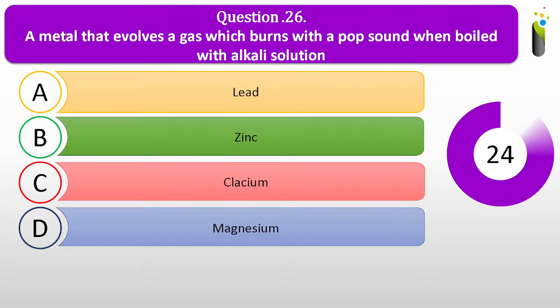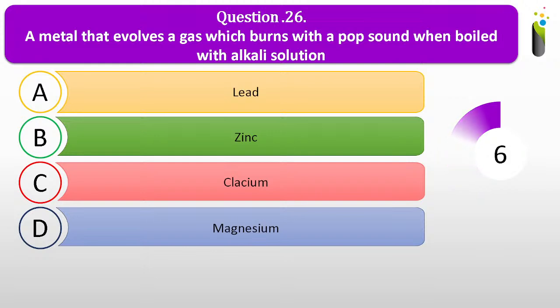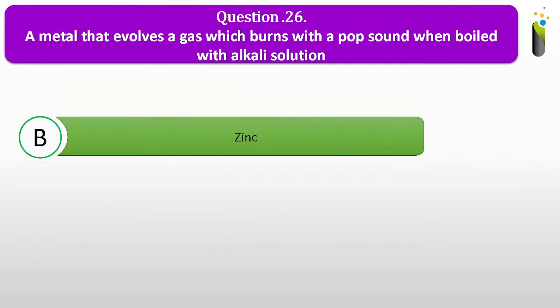So what should be the answer for question number 26? The answer for question number 26 is B, zinc. So the metal that evolves a gas which burns with the pop sound when boiled with alkali solution is zinc.